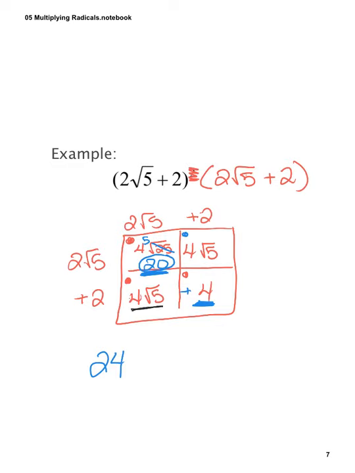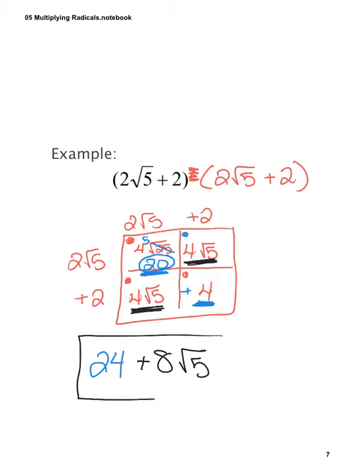If I look here, this is a radical 5, and this is a radical 5. So 4 radical 5 plus 4 radical 5 is 8 radical 5. I cannot add the 24 and the 8 radical 5 because they are not like terms.